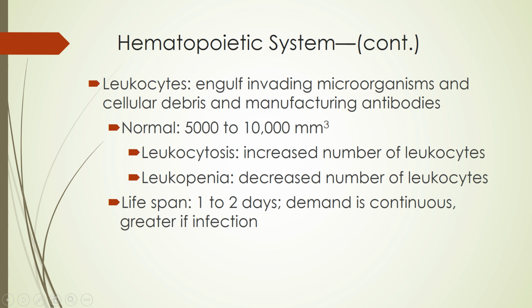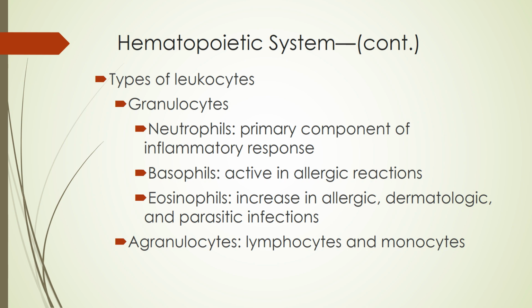Leukopenia decreases the number of leukocytes. Lifespan is about 1 to 2 days, depending. Demand is continuous, greater in infection. And always in high demand, they are divided into two groups, granulocytes and agranulocytes.